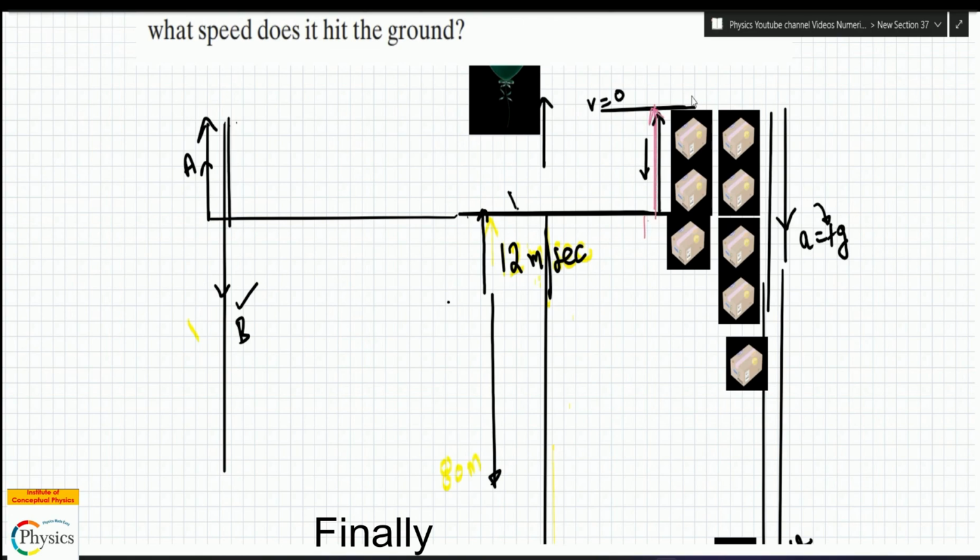At this instant, the package also had 12 meters per second, and here it became 0 meters per second, and then it started descending down with free fall acceleration. Will the sign be plus g? No, because anything downward is negative.